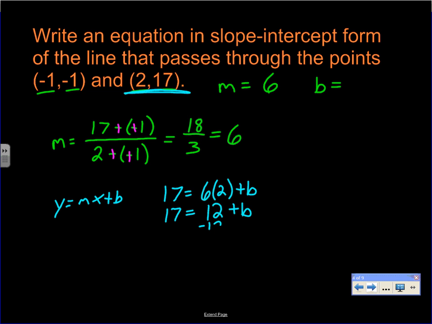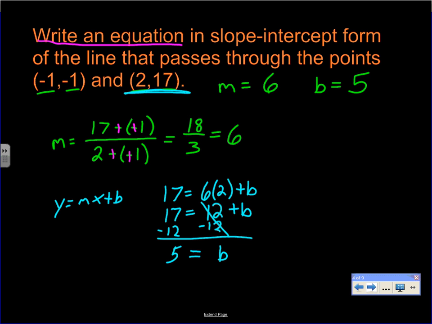And we have to subtract 12 from both sides. Those cancel. We're left with b is equal to 5, and that's a positive 5. And from this point, we're supposed to be writing an equation.